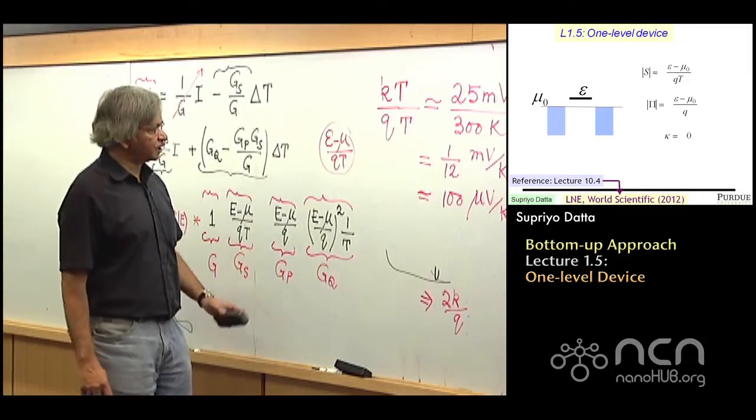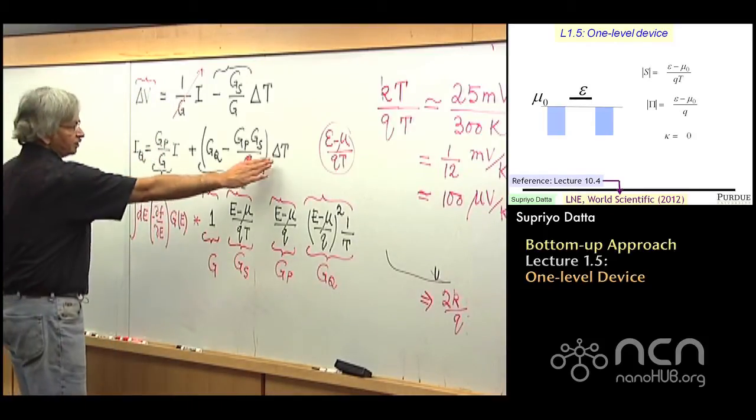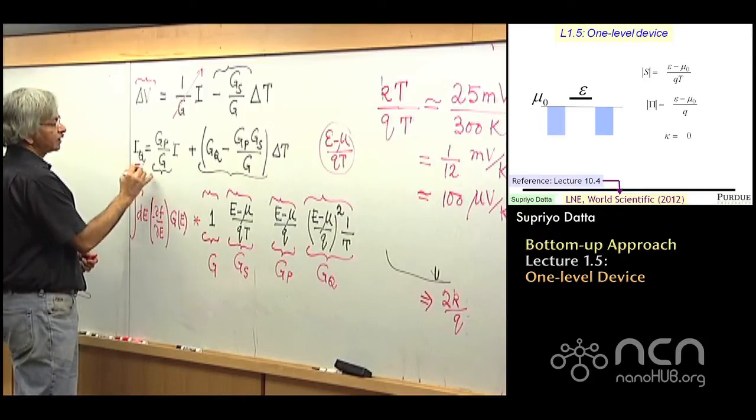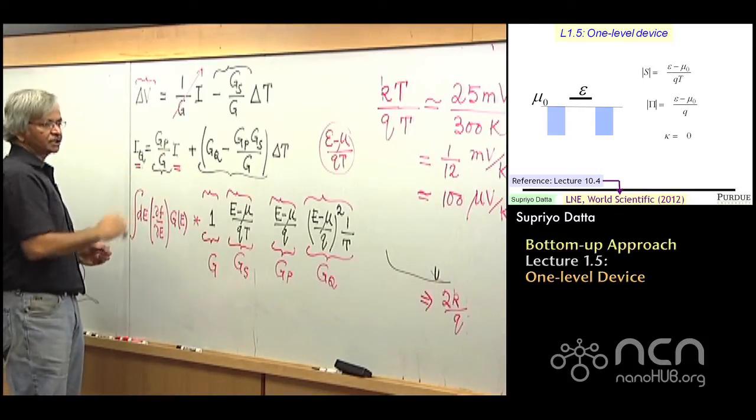So the Peltier coefficient, again, is, what is it? Well, if there is no temperature difference, the question you're asking is, what is the ratio of the heat current to the actual current, the regular charge current?